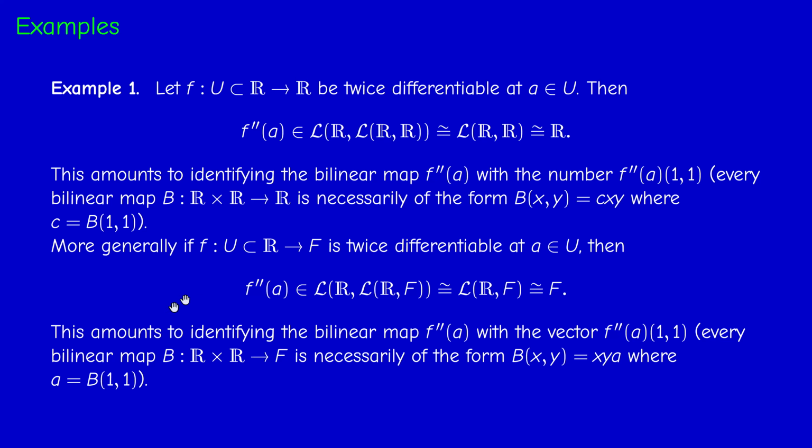Because also in this case, a bilinear map from R times R into a normed space is necessarily of the form xy times a constant vector. I wrote it here as xya instead of axy, because we usually put scalars in front of vectors. So once again, if we put x equal 1, y equal 1, we get a.